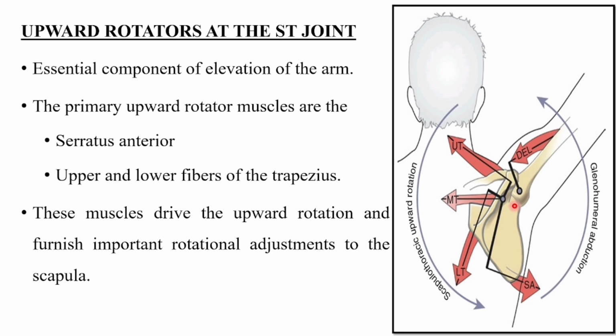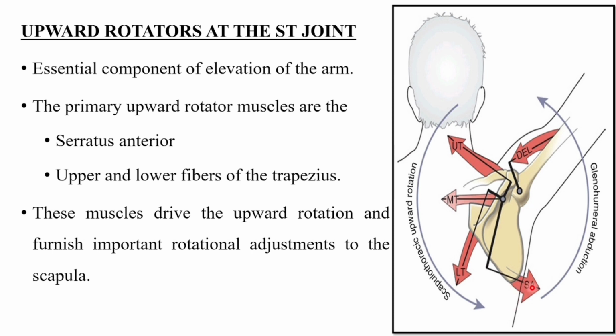The mechanical force of each of these three muscles acts simultaneously. You can see here the pull of the lower fibers of the serratus anterior on the inferior angle of the scapula helps to rotate the glenoid fossa upward and laterally.